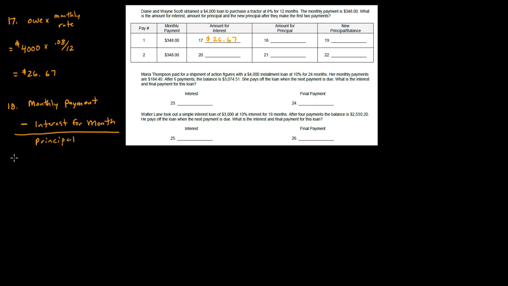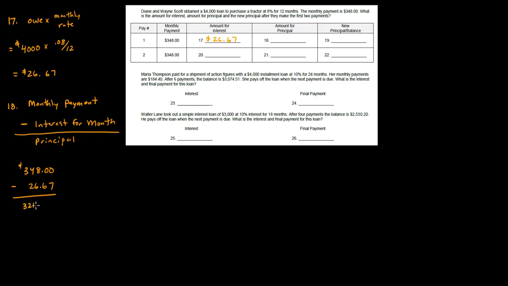So what I'm going to do is take my monthly payment, which was $348.00, and subtract the $26.67, which went toward interest, and whatever is left is how much went toward the principal.